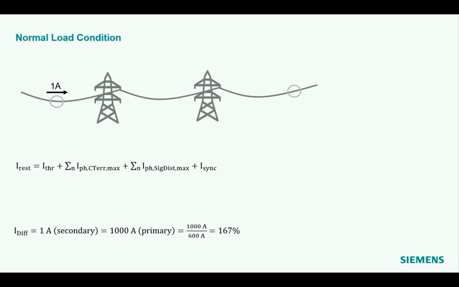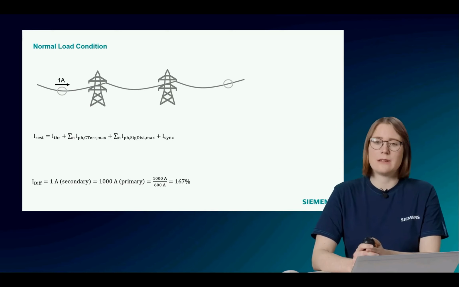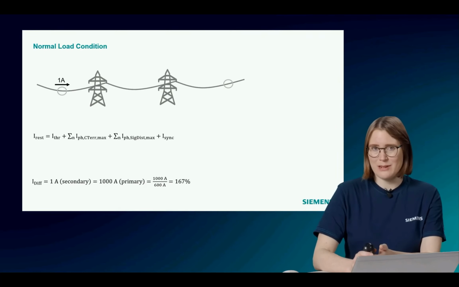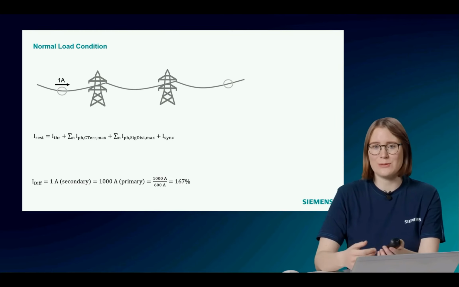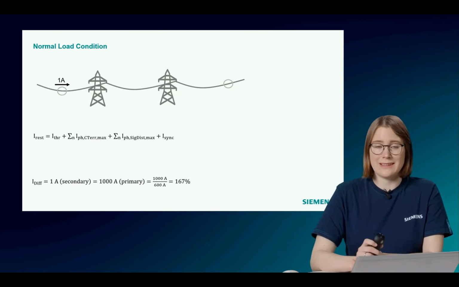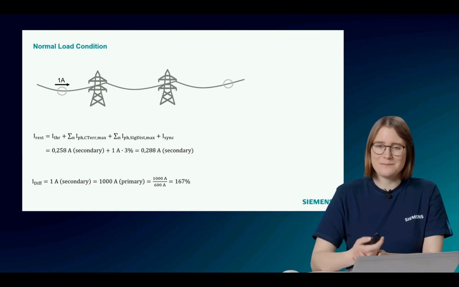So this is our 1 amp in this case, and 1 amp secondary means 1000 amp primary. 1000 amp primary in relation to our nominal current of 600 amp is 167%. So in this test, I will expect a differential current of 167%. How big is the restraint current?